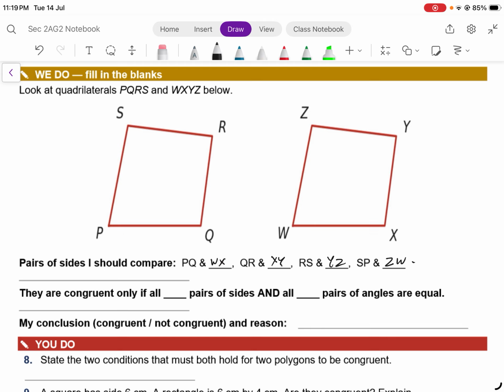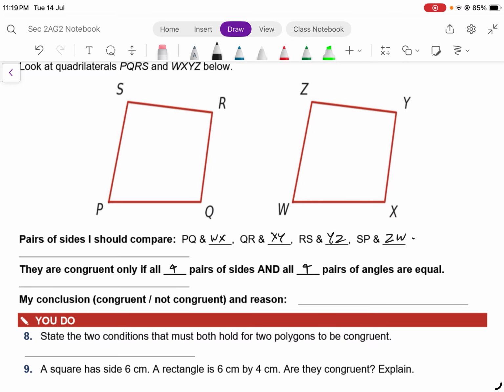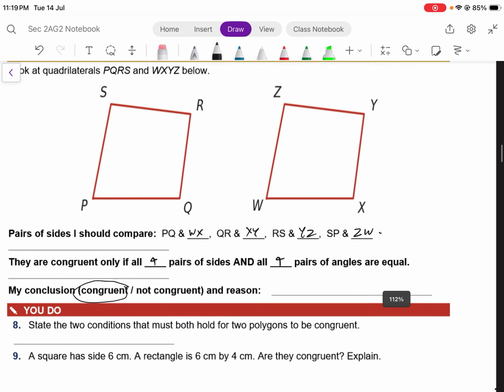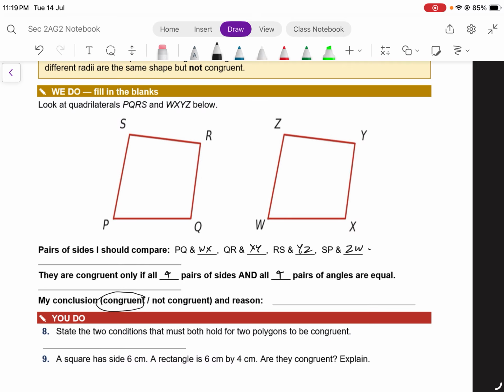They are congruent only if all four pairs of sides and all four pairs of angles are equal. And my conclusion is it is congruent because all four pairs of angles and sides are equal.